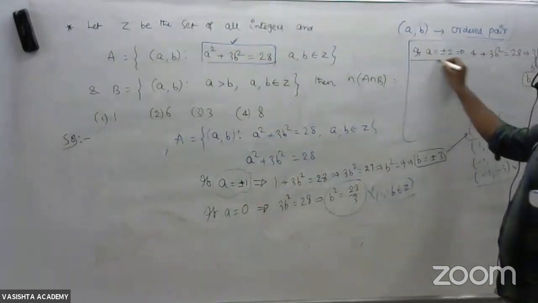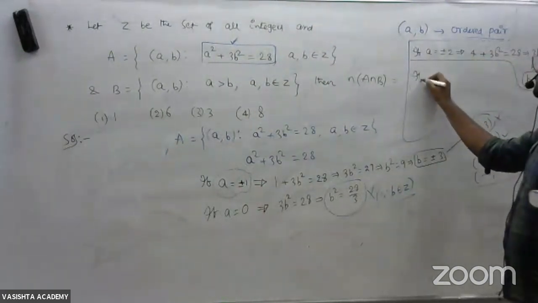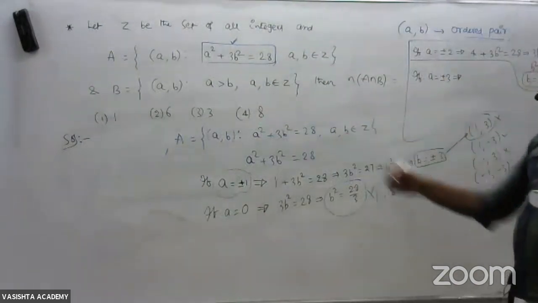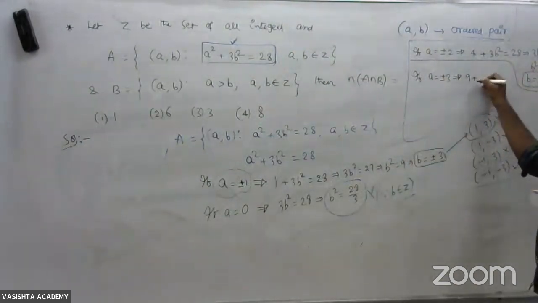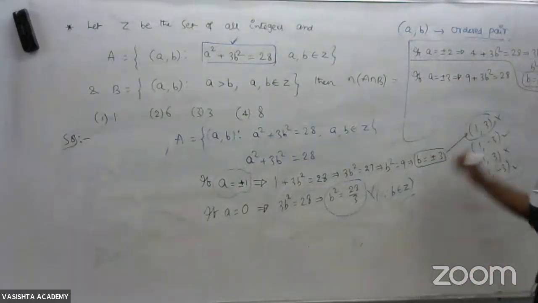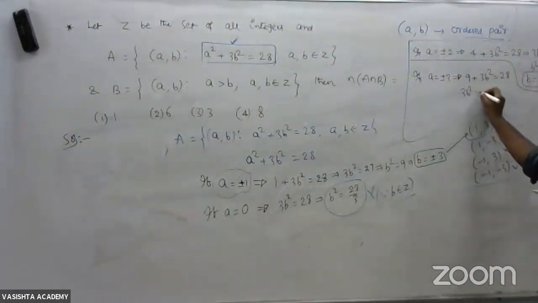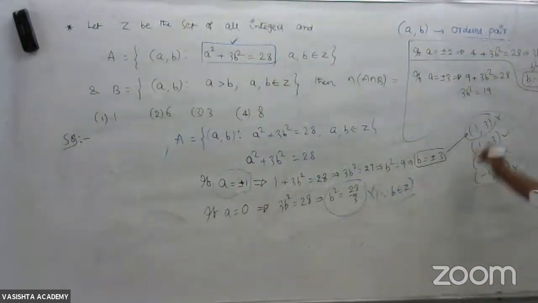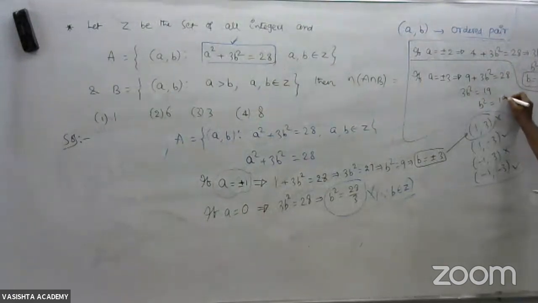You understand? Now similarly, if I take a equal to plus or minus 3, what will you get? 9 plus 3b square equal to 28. 3b square equal to 28 minus 9, 19. Now again, b square equal to 19 by 3. This is also not an integer, so this is also not possible. Correct?